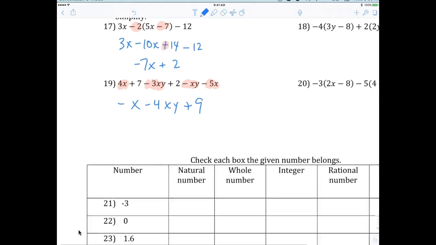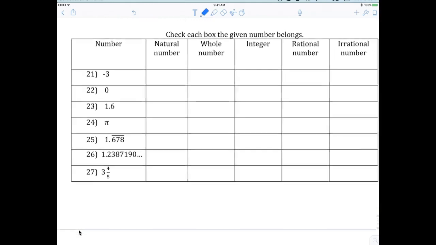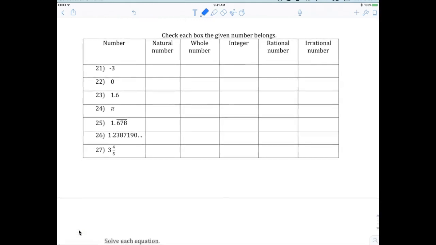All right. Here we go. Now checking the box here, it might be a good idea for you to note that natural numbers start with 1, so 1, 2, 3, and so on. Whole numbers start with 0, 1, and so on.